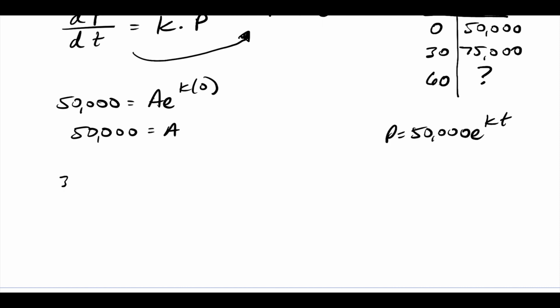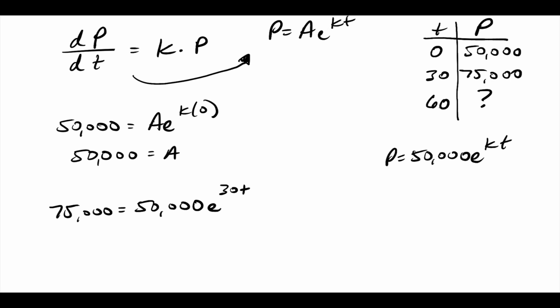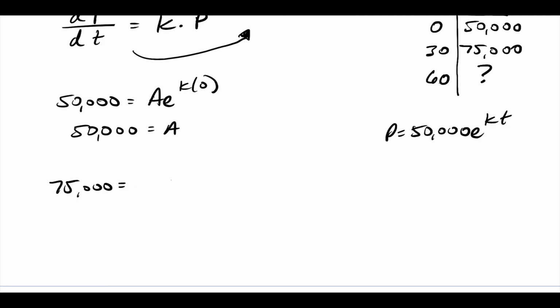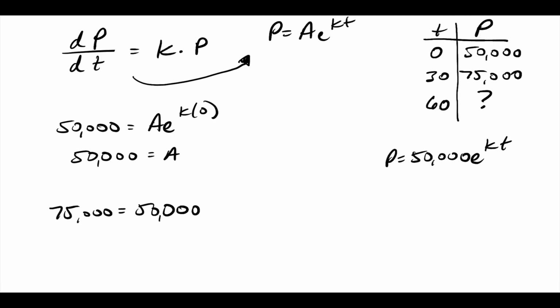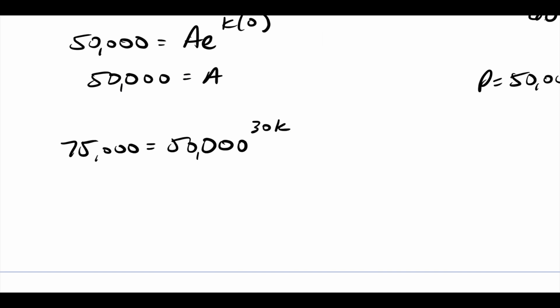So now we're going to plug in 75,000 equals 50,000 e to the 30K, when I plug in 30 for T and I plug in 75,000 for P. Okay, so I'm going to solve. Divide by 50,000.